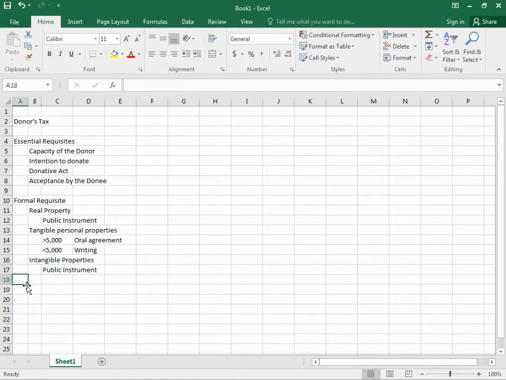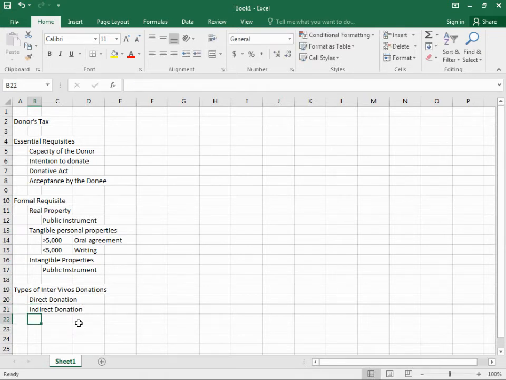Yan lang yan. Next, what are the types of inter-vivos donations? So, one is the direct donation and the indirect donation.